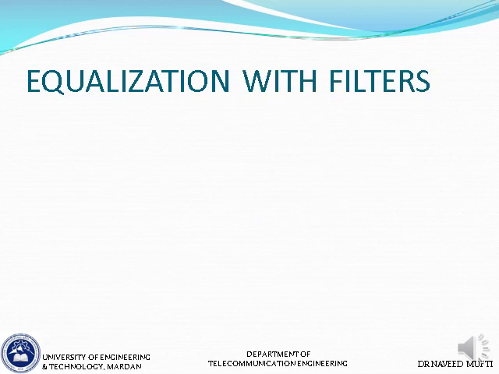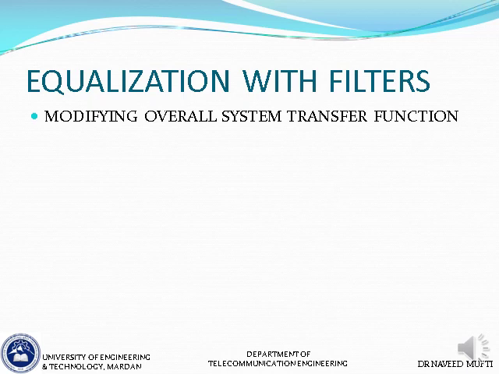Going into a bit of discussion on the technique of equalization with filters, first we modify the overall system transfer function equation. Previously we represented it as H of f equal to H_T multiplied by H_C multiplied by H_R: the product of the transmitter, channel, and receiver transfer functions.